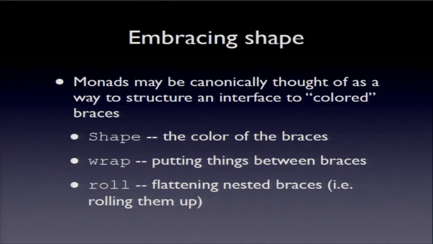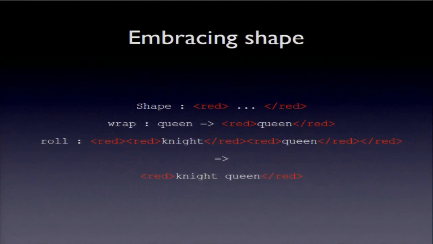I put colors in inverted commas because we know what colored braces are: they're really XML tags, and the different kinds of tags are the colors of the braces. When you wrap things up, you put them between the braces, and when you roll nested tags, you're flattening them out. So shape, wrap, and roll. That's the idea. Now let's look at a little example.